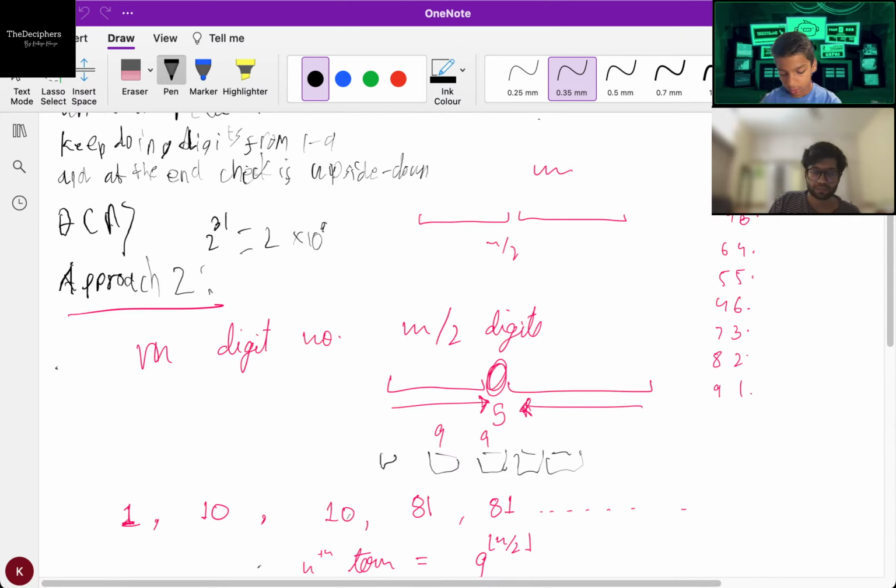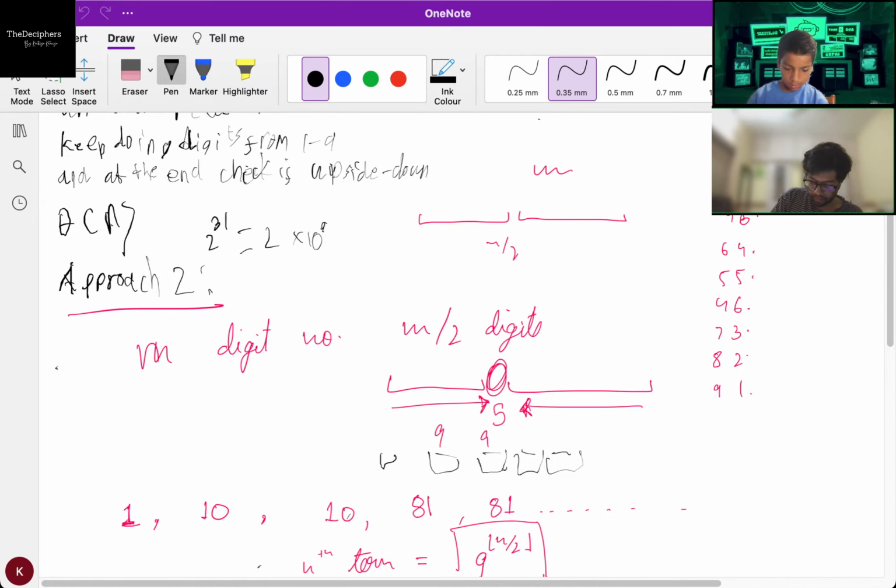No, I'm not sure, because when n is 2, it's supposed to be 10, but the calculation says something different. So logically this is fine, right?